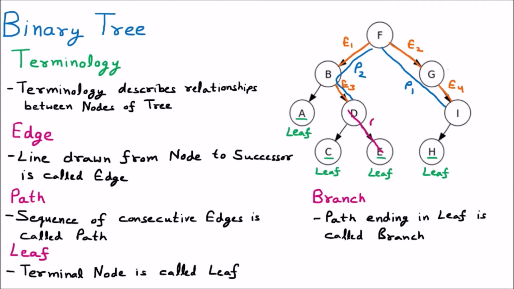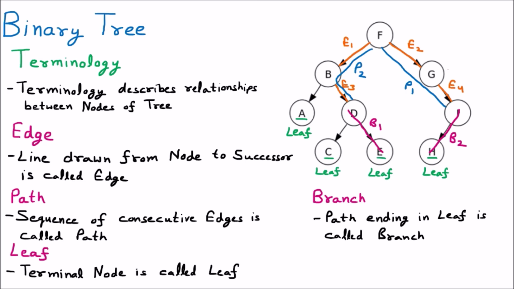I am assuming that this is the branch B1. Similarly, if any path is coming and ending at this particular leaf, this is also called a branch. So this is the branch 2. It means the paths where we have the leaf nodes connected are called the branches.